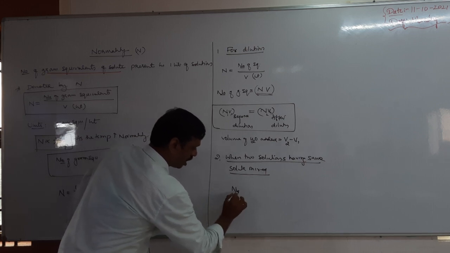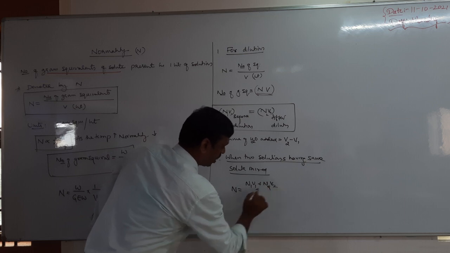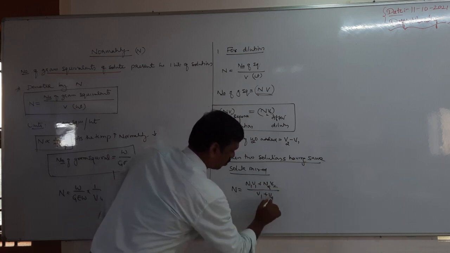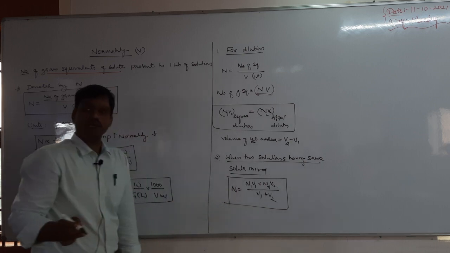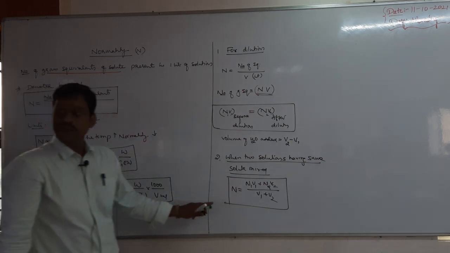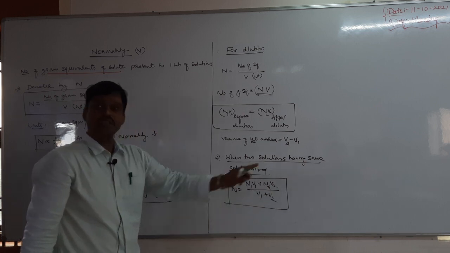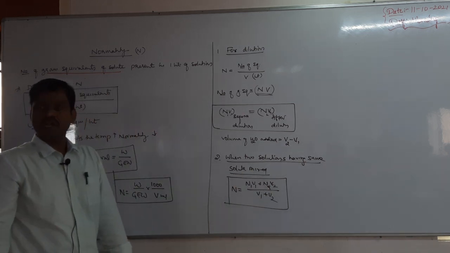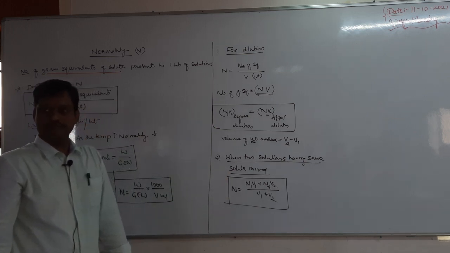It is capital N equal to N1 V1 plus N2 V2 divided by V1 plus V2, just like molarity. In molarity also we have used the same formula, capital M equal to M1 V1 plus M2 V2 by V1 plus V2, for calculating molarity. This is the calculation of normality.